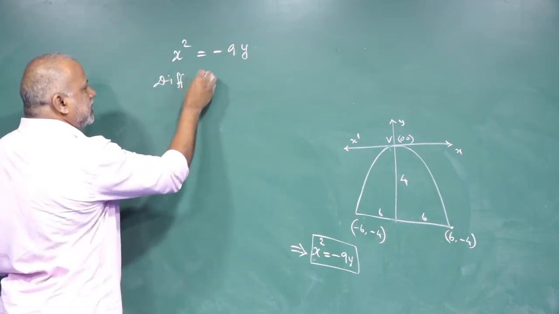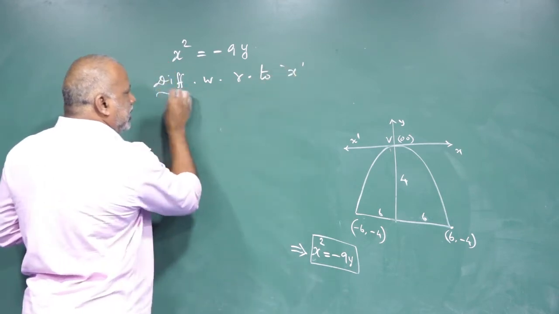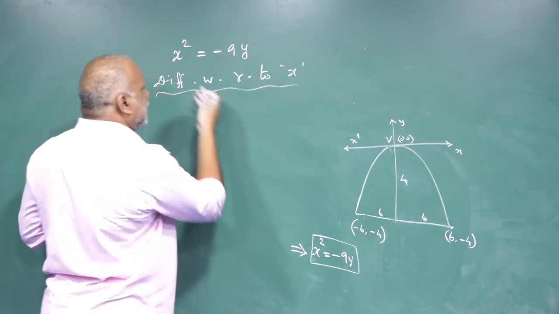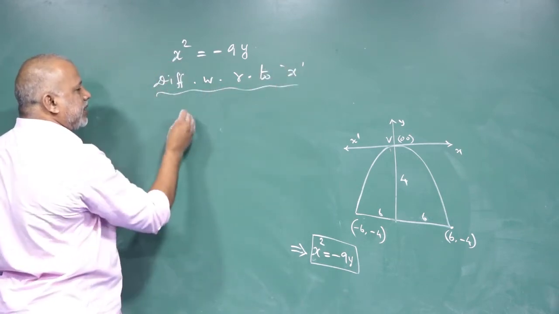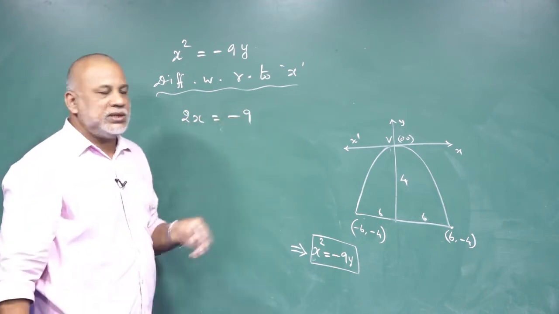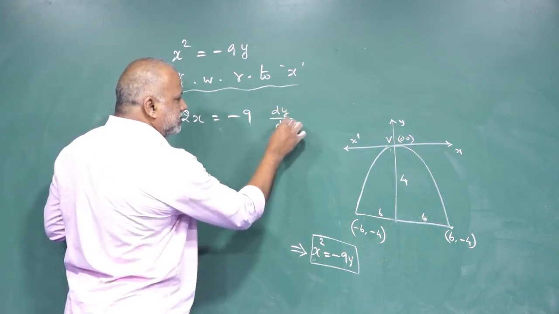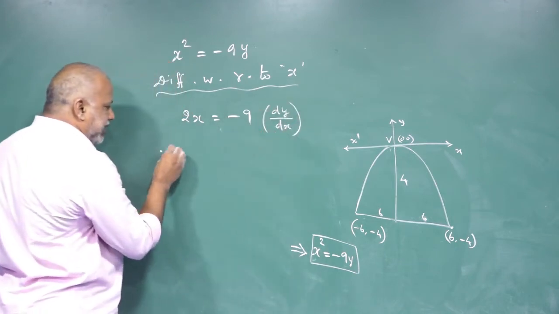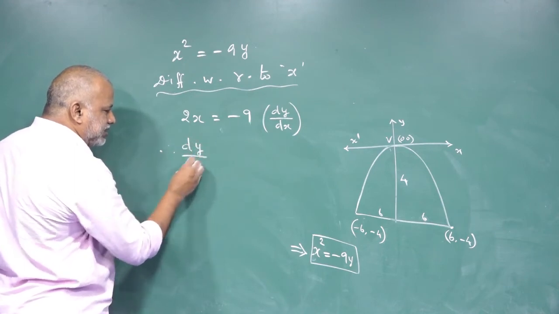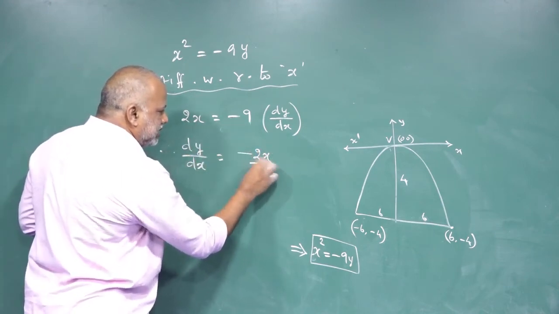Differentiate with respect to x. If we differentiate x squared, we get 2x. Minus 9 is a coefficient. Then differentiation of y is dy by dx. We need dy by dx. Therefore, dy by dx equal to minus 2x divided by 9.